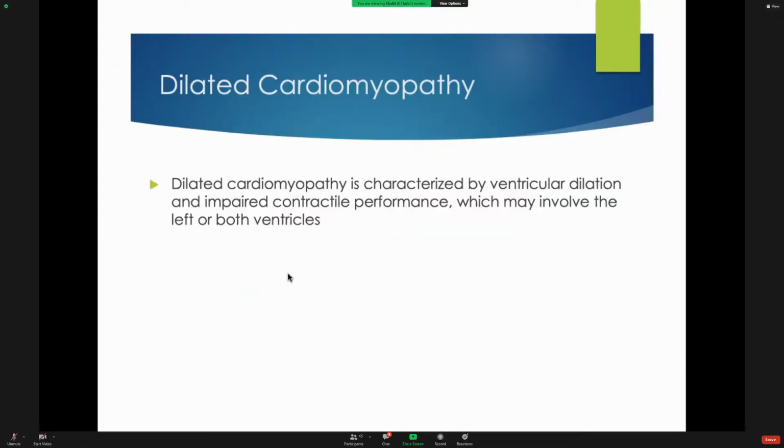Dilated cardiomyopathy is characterized by ventricular dilatation and impaired contractile performance, which may involve the left or right ventricle, or both.